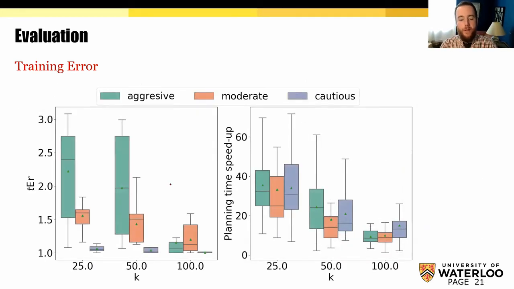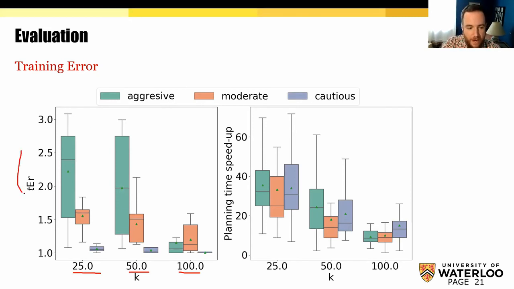Breaking this up into possible cases of k, meaning the size of the control set, we see that for each value of k considered, 25, 50, and 100, the t-error in all 3 user archetypes is low and decreases as k increases, meaning the larger we allow the control set to be, the smaller the resulting t-error, which is expected.